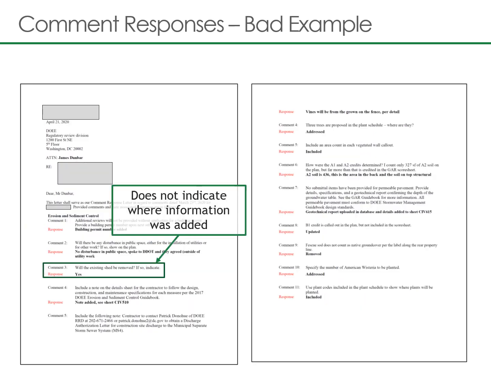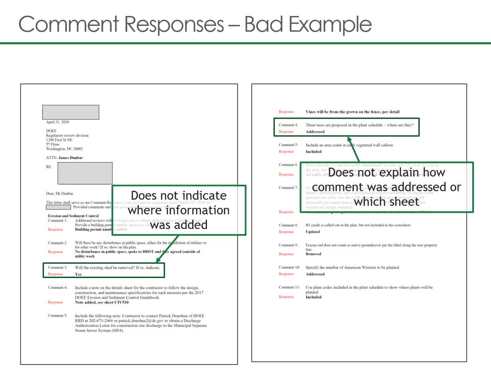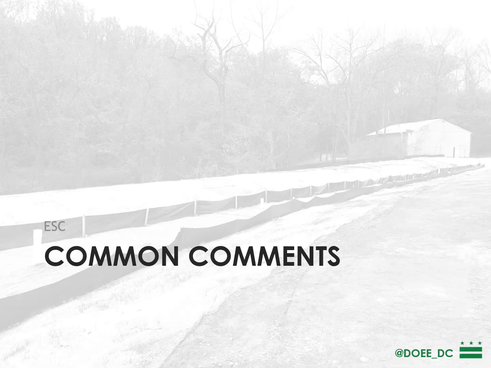Sometimes comment response letters come back without much information. It doesn't indicate where the information was added. It doesn't help direct the reviewer to quickly verify that, yes, this comment has been addressed. So directing with specific locations and more descriptive responses will help the reviewer speed through your review.